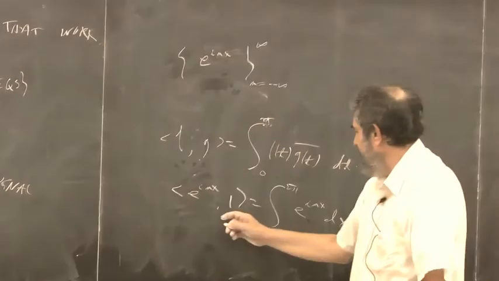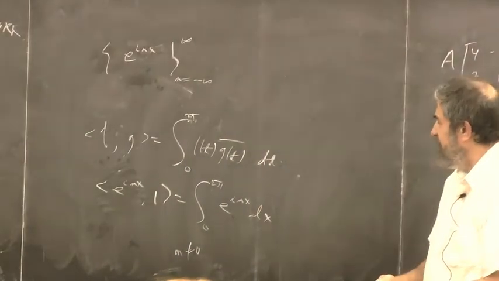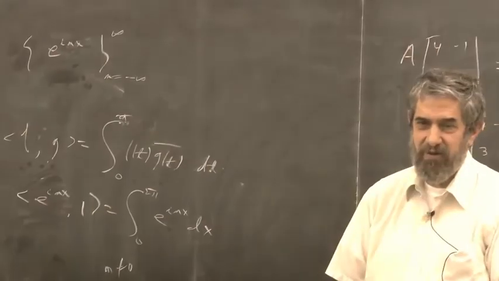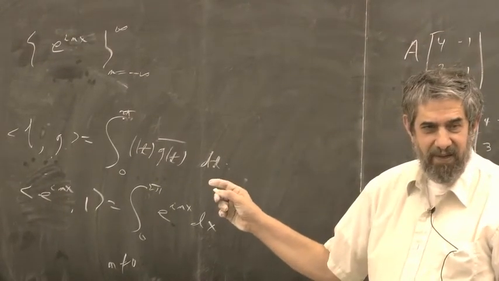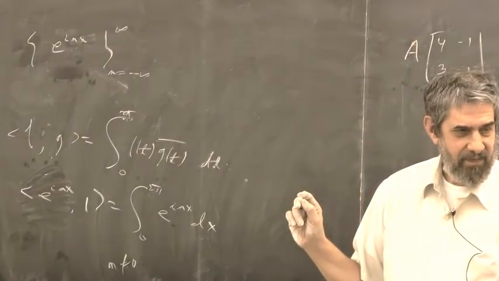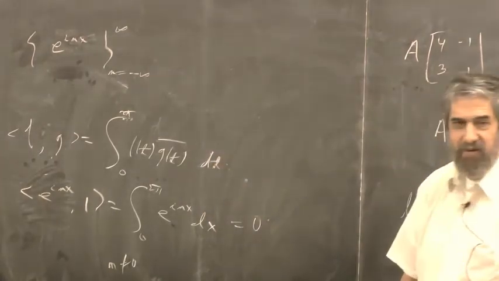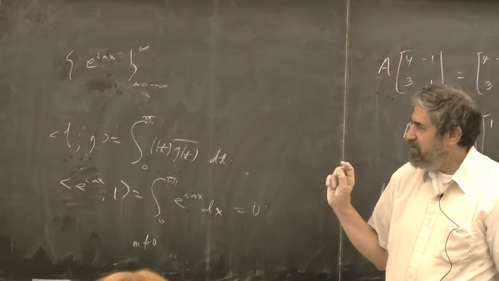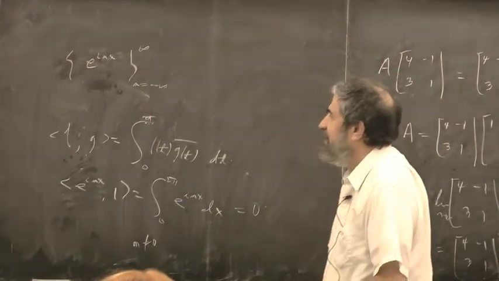Let's say for n not equal to 0, you're integrating cosine of nx plus i sine of nx, but both of those are the same at the endpoints, right? So these integrals are 0. So it actually means that these functions are mutually orthogonal, right? So what does that solve about these problems here?